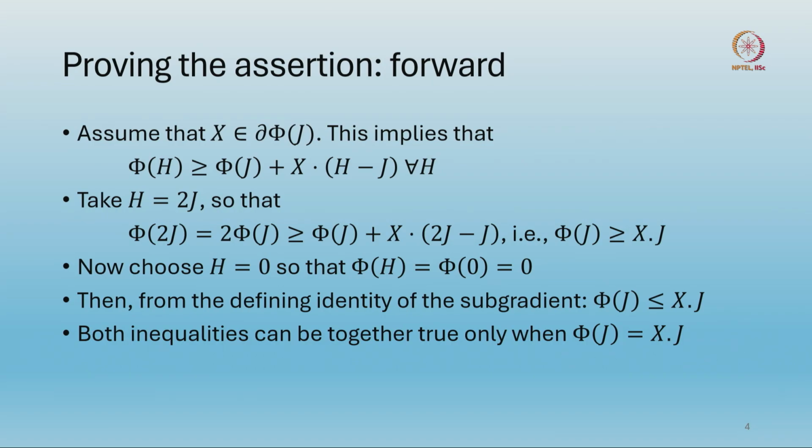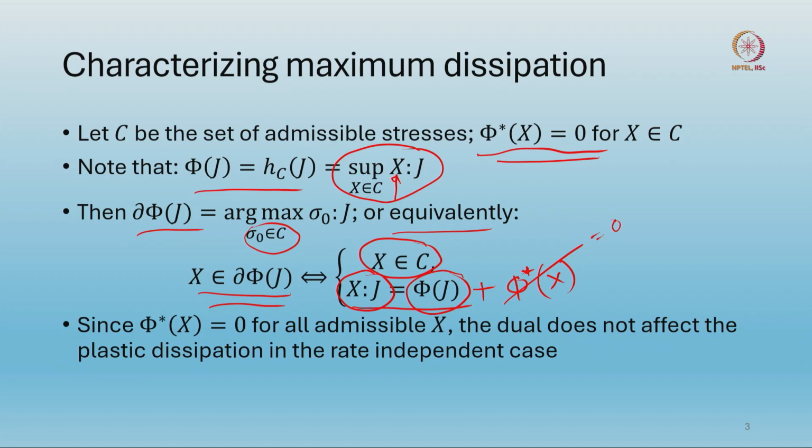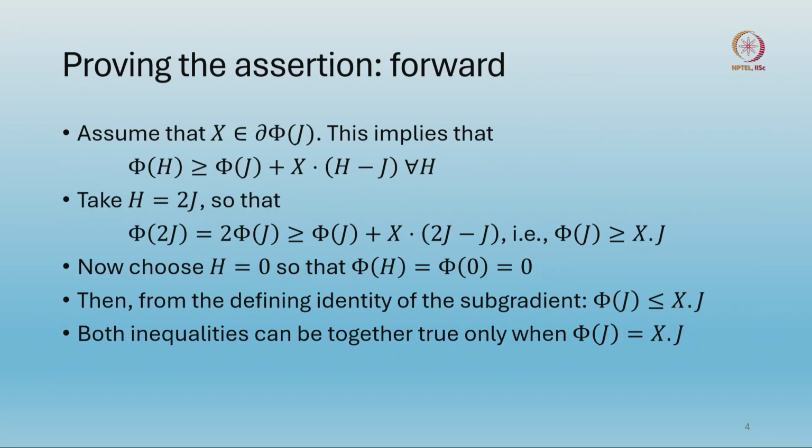Now, we can actually prove this assertion, which is true both ways. Let us first assume that x, that is the stress, is in the subdifferential of phi. Then I need to show that x inner product j must be equal to phi j. So, let us show that.